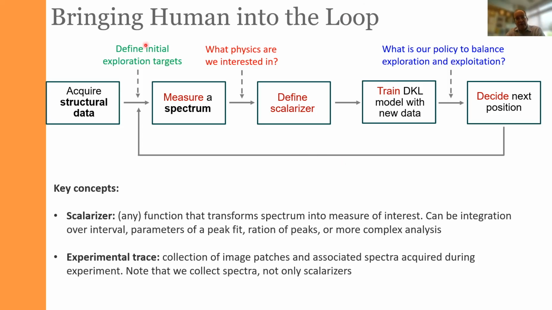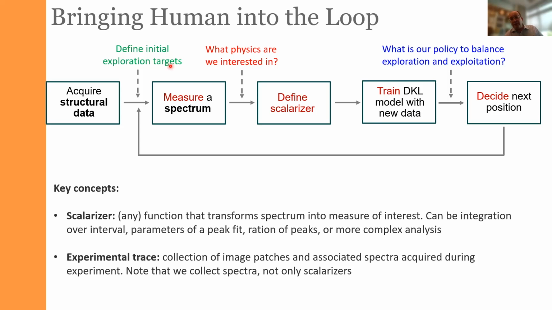So when we run the automated experiment, we can define the initial exploration targets, so the seeds, but we can also define new ones during the experiment. As simple as that, you can choose your experimental path and click on some location of the screen, and then the instrument will do the next measurement at the location that you suggested.